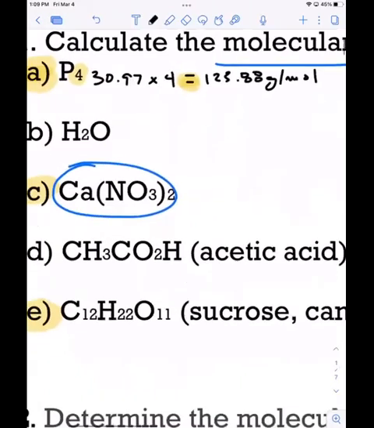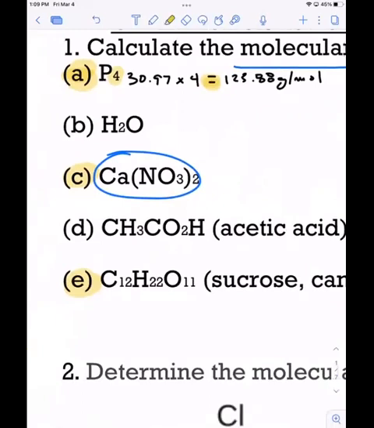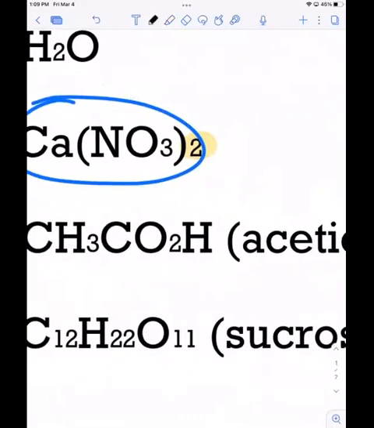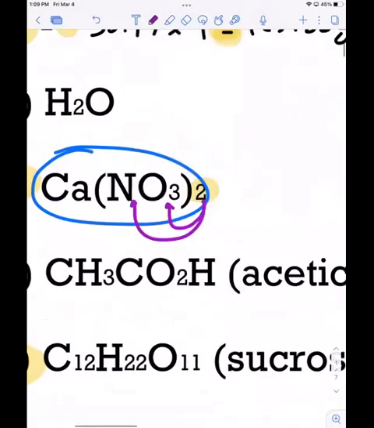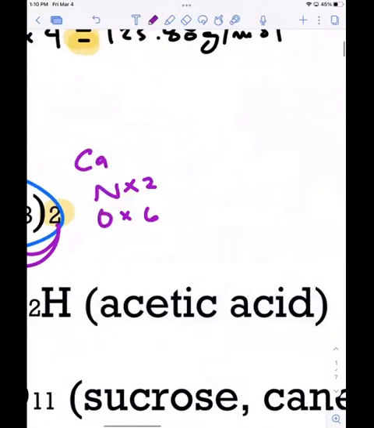What about the calcium nitrate? What do we do with this 2 right here? Right, that subscript has to be distributed. So we're going to do 2 times 3 and then 2 times 1. So for this formula, we have calcium, nitrogen times 2, and oxygen times 6. The atomic mass of oxygen is 15.99, and nitrogen is 14.